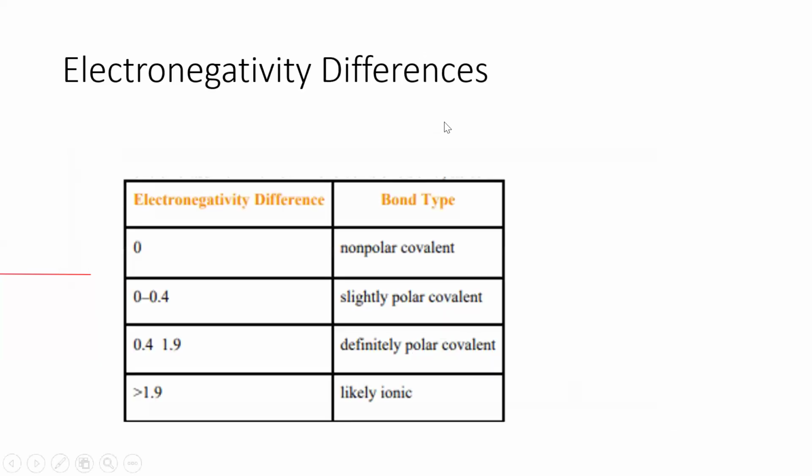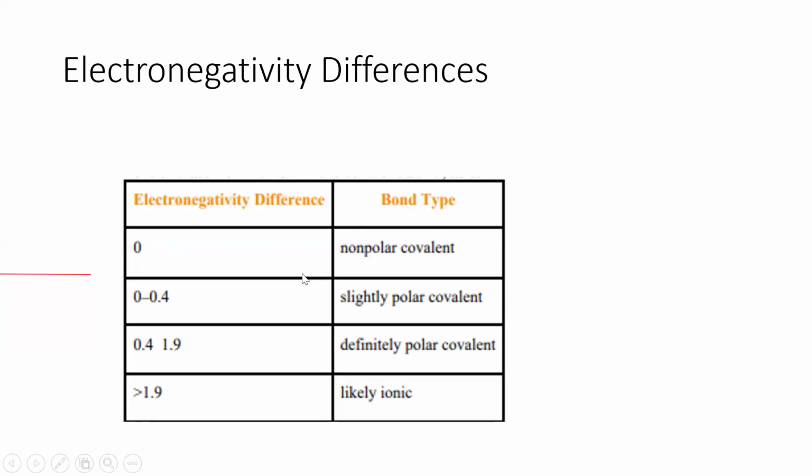So this electronegativity difference tells us whether the bonding is non-polar, slightly polar, definitely polar, or ionic, depending on the difference. When the electronegativity difference is 0, that means non-polar.